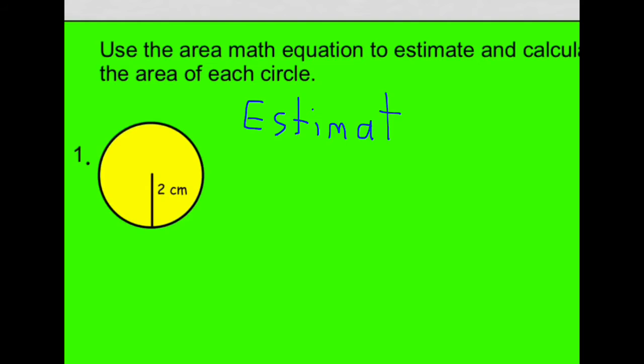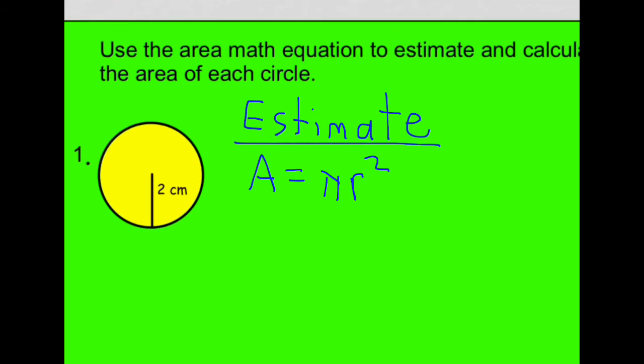The math equation to calculate the area of a circle is A, capital A for area, equals pi times the radius squared. And remember, we don't use the multiplication symbol anymore because that could get confusing with all these variables in here. Since we're estimating in this question, we're going to be rounding off our numbers to the nearest whole number.